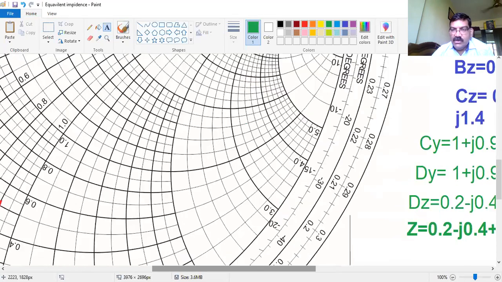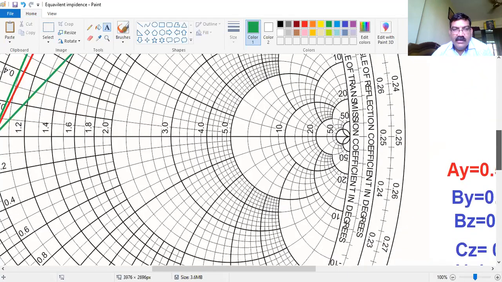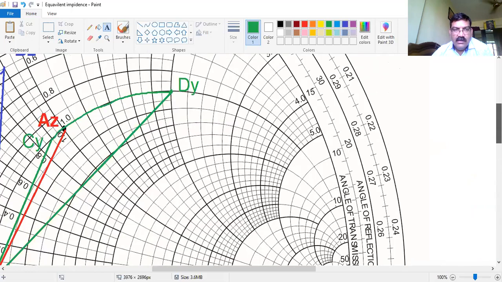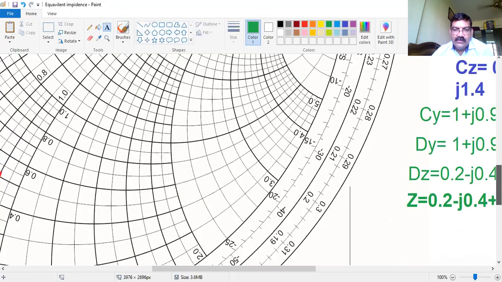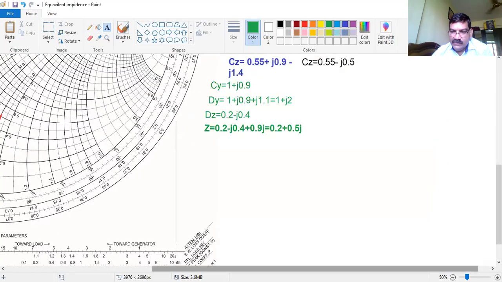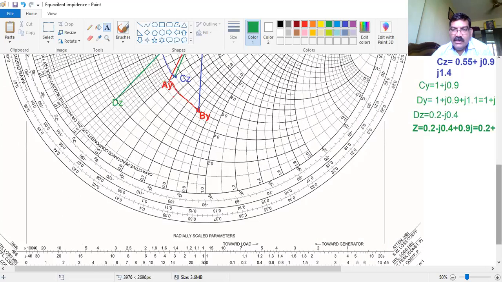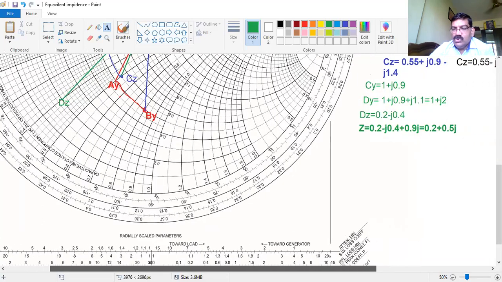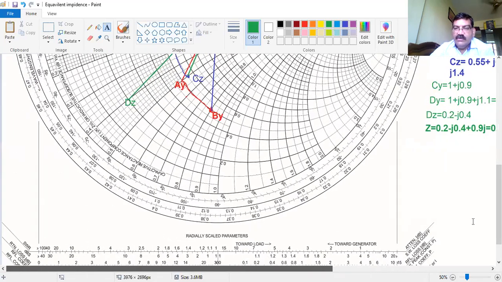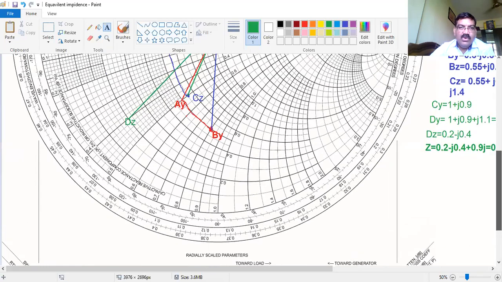So I'll just do it freehand. I'll minimize it. So this is DZ. You have to add 0.9 to the DZ, so it will become plus 0.5. So you have to go this way.